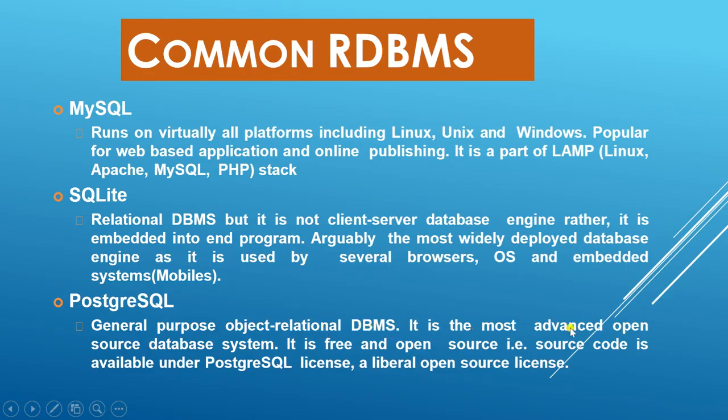It is the most advanced open source database system. It is free and open source, that is the source code is available under the PostgreSQL license, a liberal open source license. Out of these you will study MySQL in later chapters. MySQL is in the syllabus, so we will cover all the chapters with the help of MySQL.